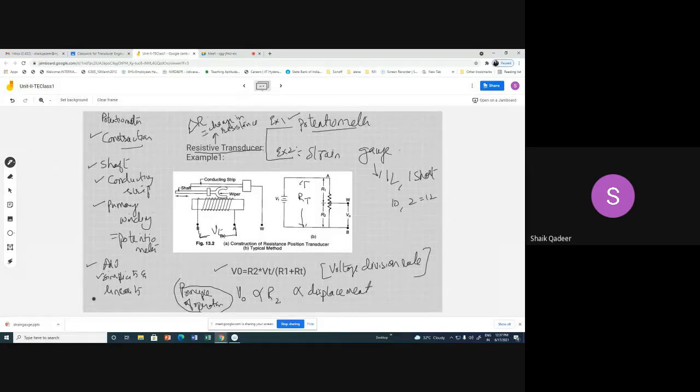Can we give these two advantages to this type of transducer? Simplicity and linearity? Yes, sir. It is very simple to construct and it is linear in nature. Its advantage is its simplicity and linearity.